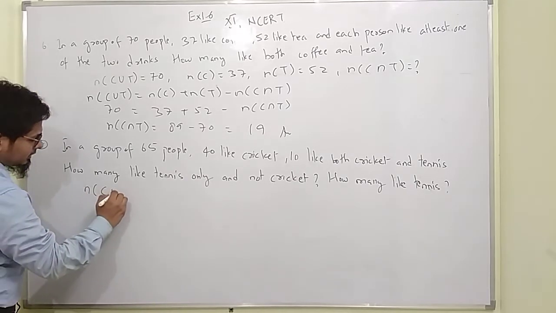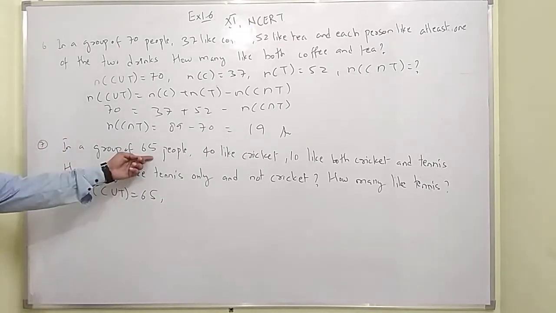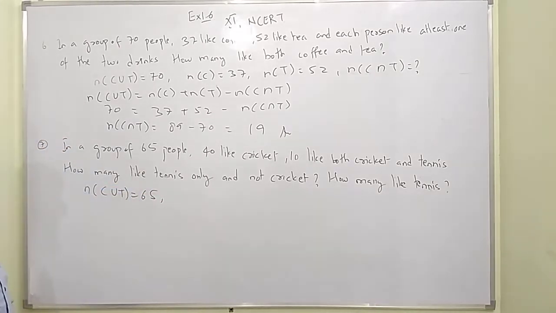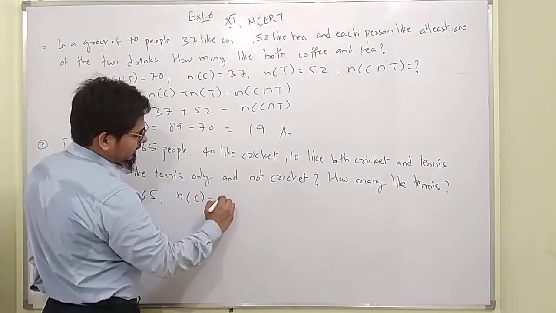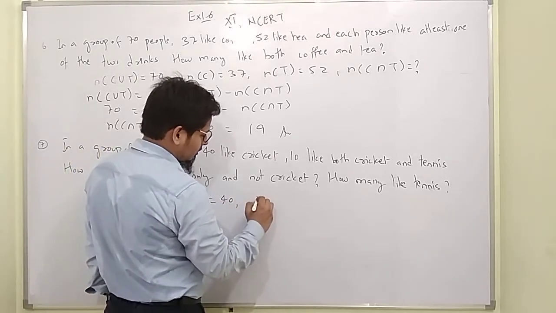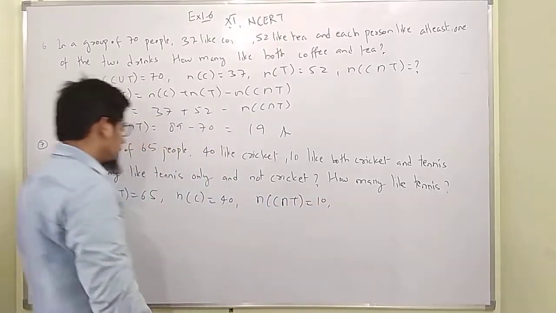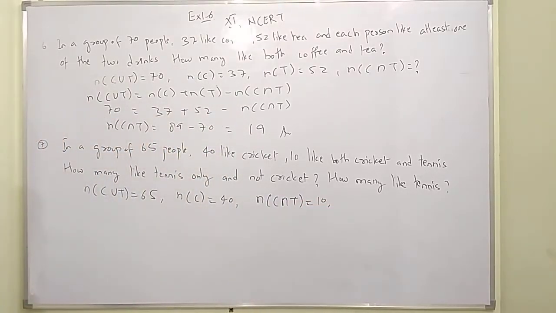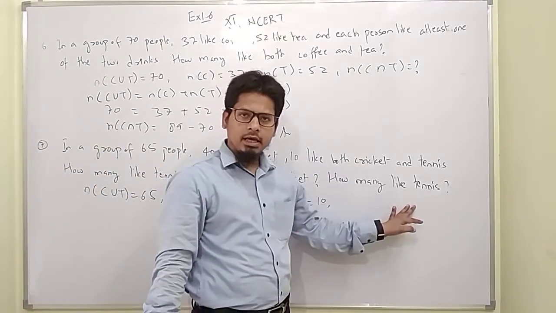So the union will be equal to 65. For cricket it is 40, and for both cricket and tennis it is equal to 10. For these three things, first find n(T): how many people like tennis?